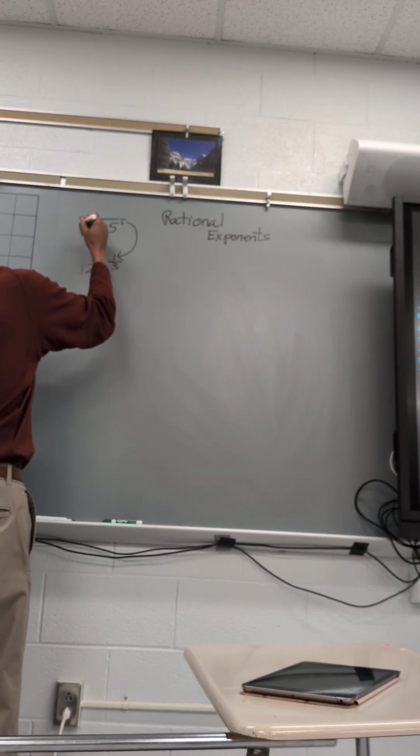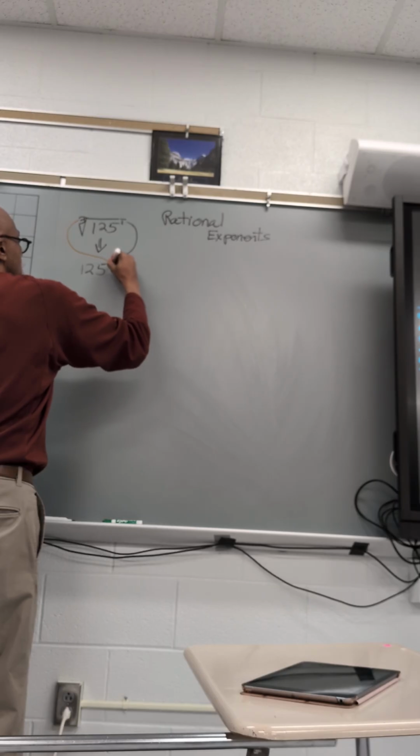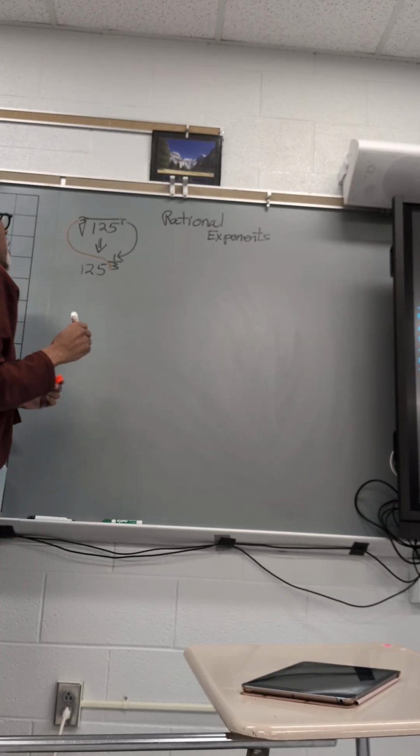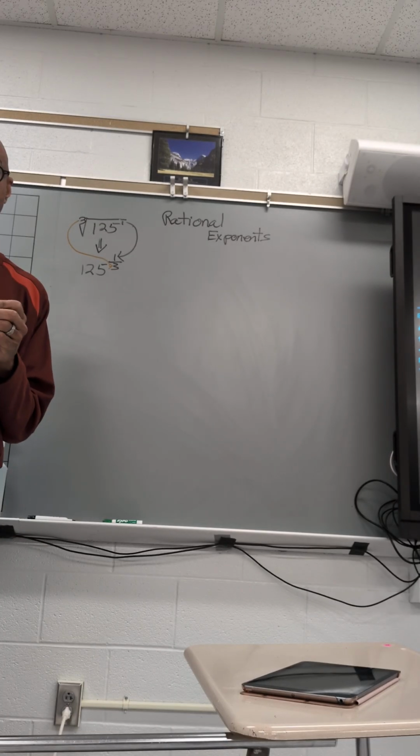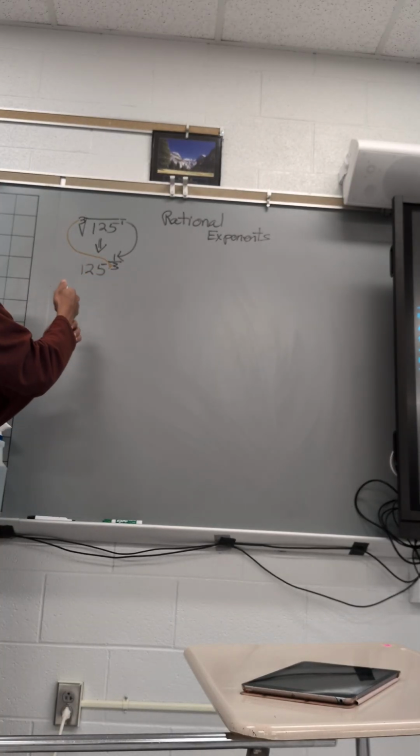And then in the denominator, it's whatever the root is. In this case, it's a cube root. But obviously that could be a 4th root, 5th root, or a square root. It could be any sorts of numbers. So hopefully we see that.